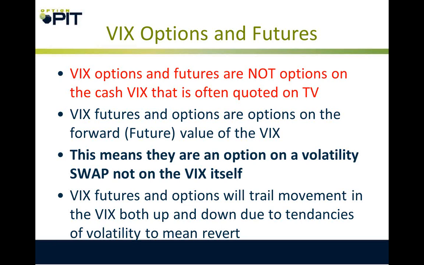When VIX is extremely high, VIX options and futures assume that the VIX is going to revert back. So they trail. So, for instance, in August of 2015, there was a period of time where the cash VIX was trading at a 15-point premium to the VIX futures number.